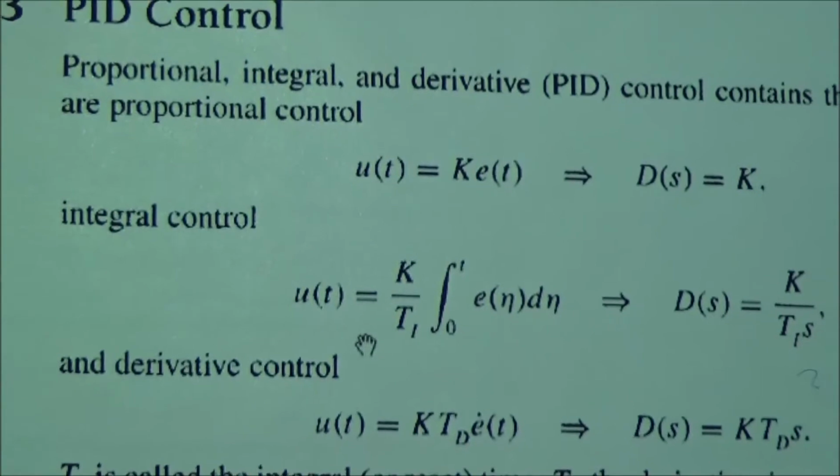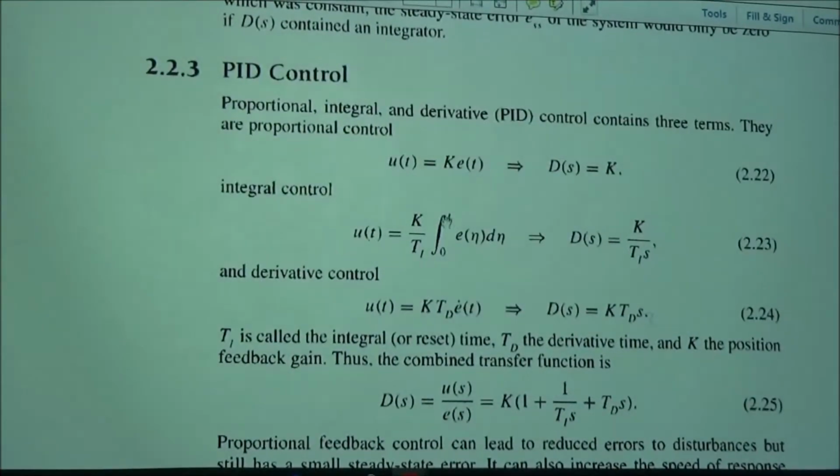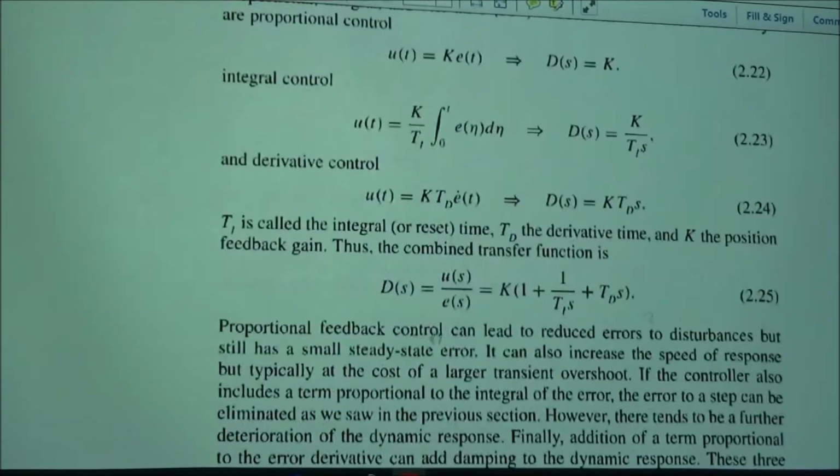You have also seen the PID control signal. Here it is, and you have 3 components: an integral component, a proportional component, and a derivative component. And in discrete form, you have this kind of transfer function for your PID controller.